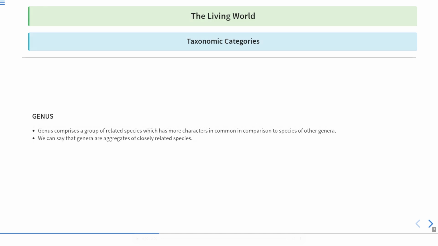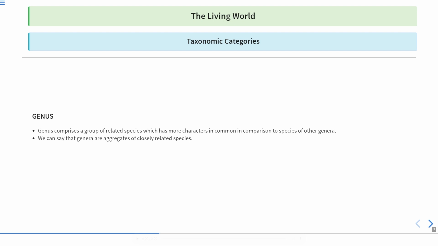The next taxonomic category is the genus. Genus comprises a group of related species which have more characters in common in comparison to the species of other genera. We can say that genera are aggregates of closely related species. Some closely related species have the same genus: Panthera leo and Panthera tigris.